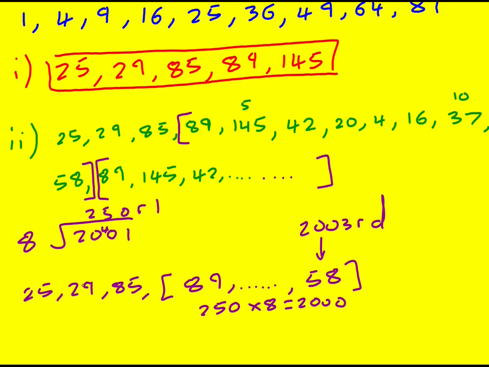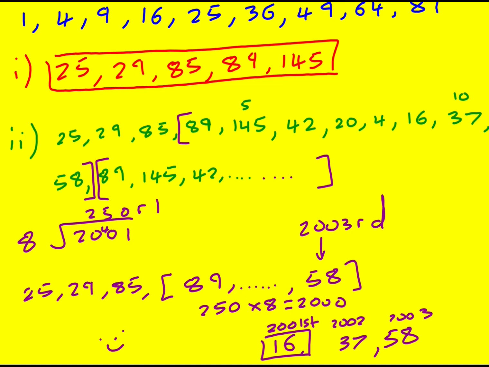And then if I have these 3 as well, then that 58 will be the 2003rd term. So if I count backwards, I've got 58, and then 37 will be the 2002nd term, which means that 16 is the 2001st term. And that's the one we want.